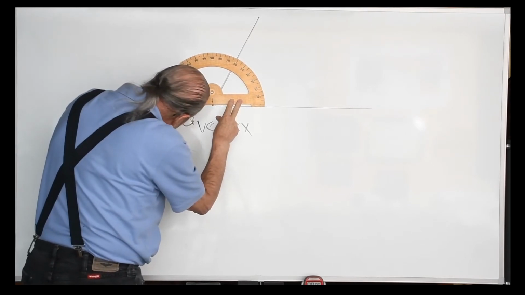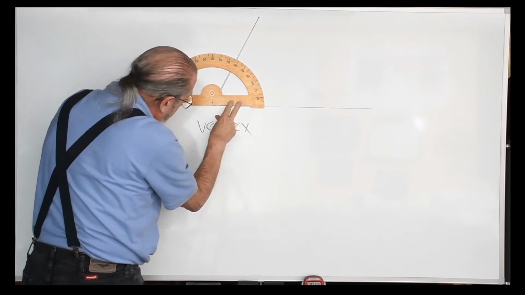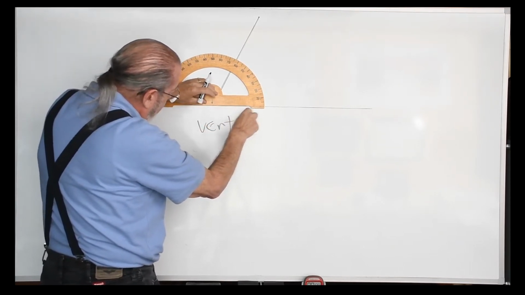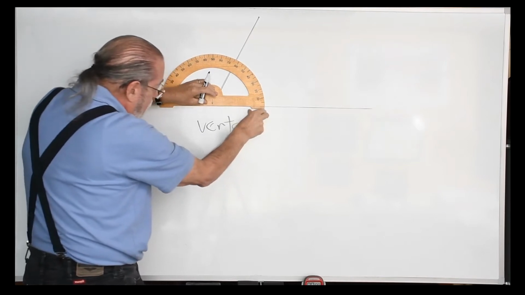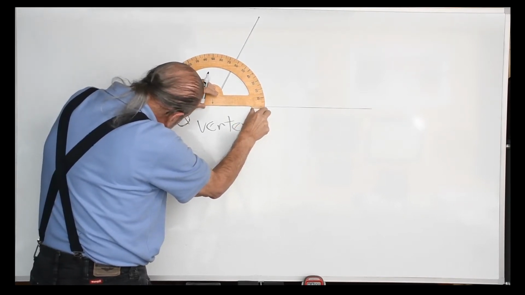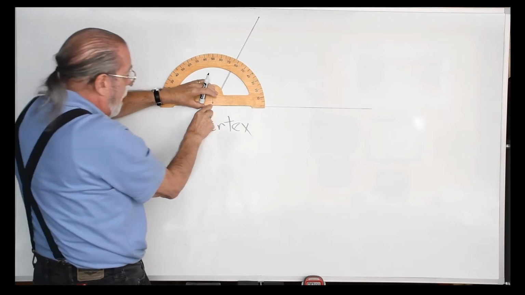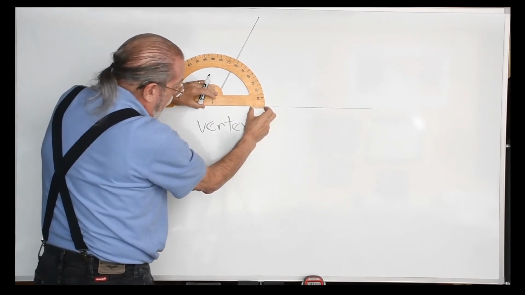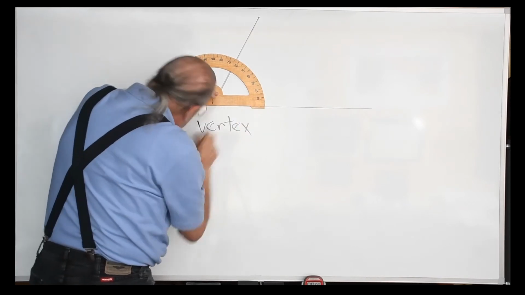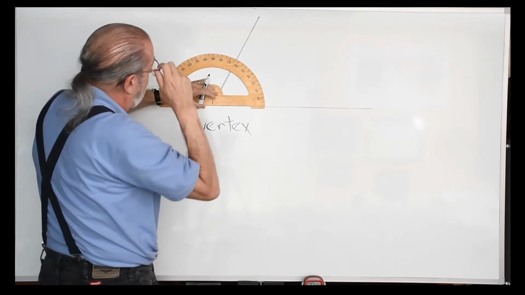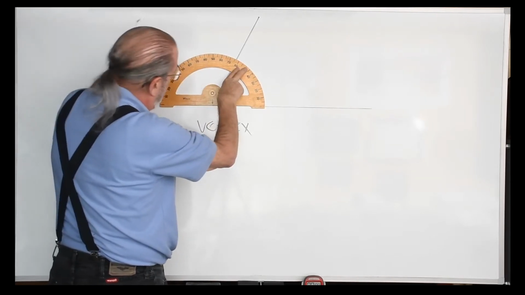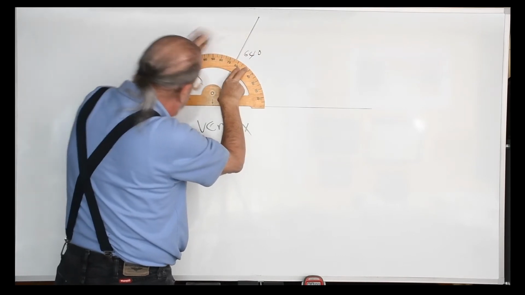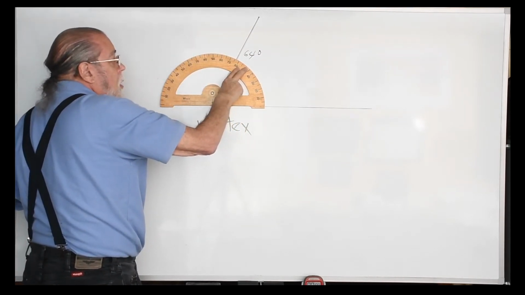We make sure that the baseline of the protractor is exactly matched up with the baseline of the angle. This is at the 0 mark here, so the vertex should be at the vertex mark of the protractor. The 0 mark of the protractor should cross the baseline just like that. And once we do that, we look where the line crosses the protractor. This one crosses right here, and that looks like it's about 64 degrees.